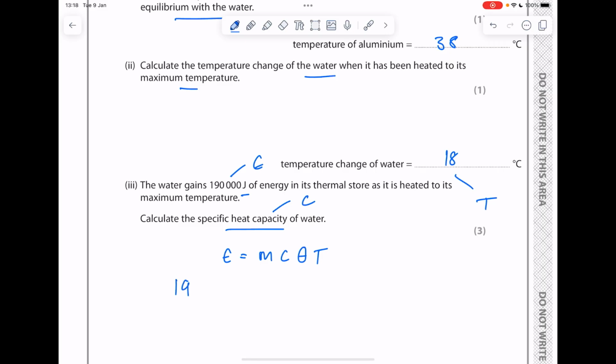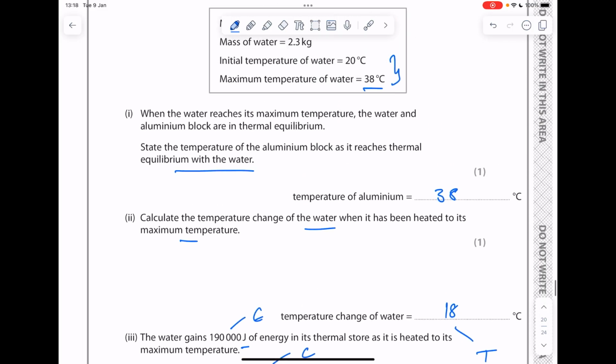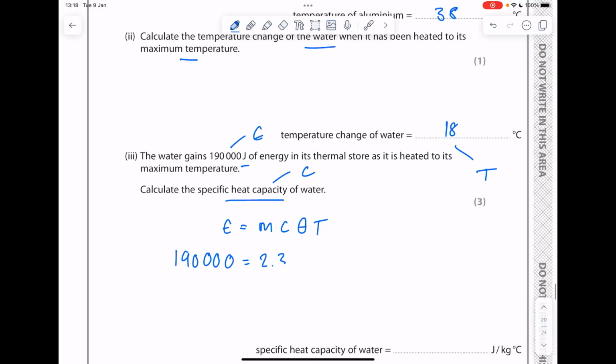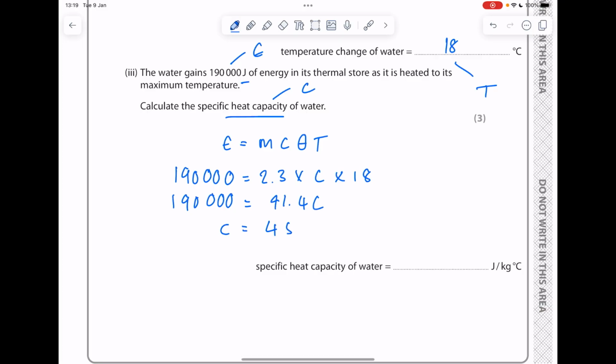So sub in all these numbers, so that's 190,000 equals the mass of the water, which is 2.3 kilograms, times C, which is what we're after, times that temperature difference. Let's sort out the right-hand side by doing 2.3 times 18, 41.4 C, divide 190,000 by 41.4, 4589 to 4 sig fig.